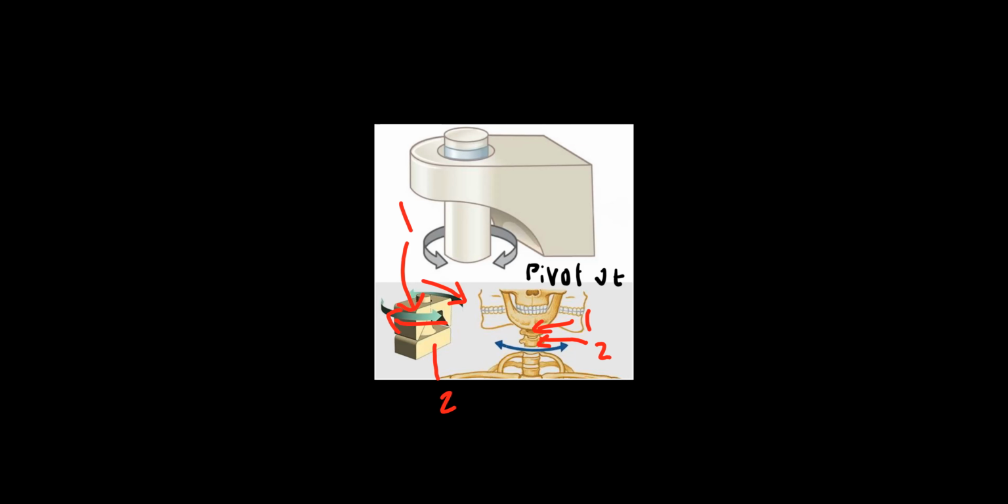At that time, your first vertebrum atlas along with the skull rolls over the second vertebrum called axis. So in such a joint, one of the bones acts as an axis and another one will partially roll over the axis. These types of joints are called pivot joint.